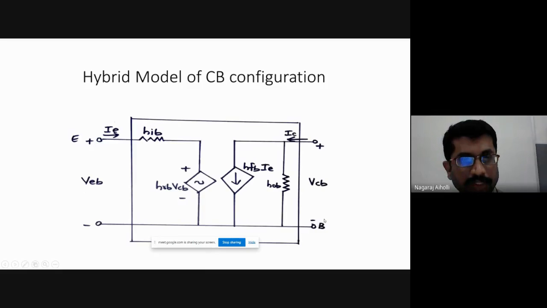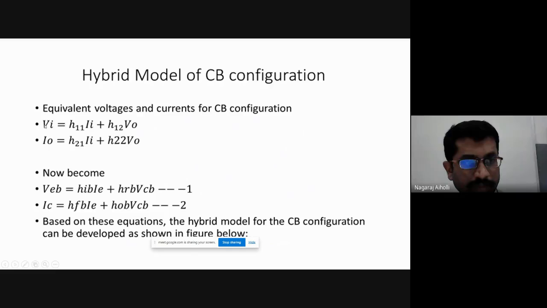Now using this, we will substitute Vi, I naught, Ii, and V naught. Then H11 means Hi, but for common base it will be Hib. Similarly, H12 is Hr, for common base it will be Hrb. Similarly, we have IC is equal to Hfb IE plus Hob VCB.